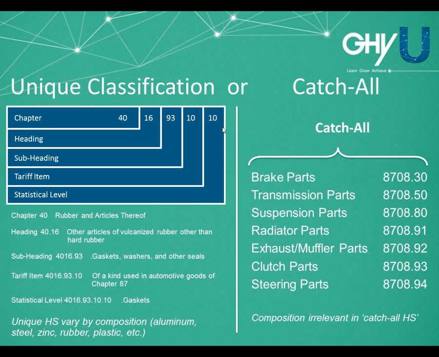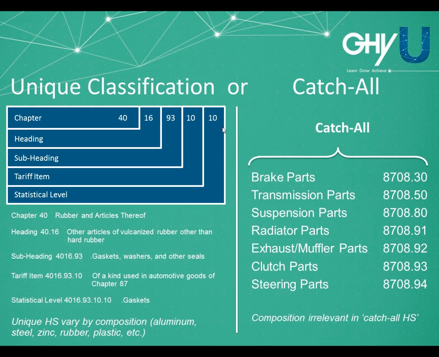In this, if perchance this gasket happened to be for use on any of the items on the right-hand side of this slide, for instance, it's used in brakes, it's used in radiator, it's used in a suspension system, transmission, steering parts, it still remains classified in 4016.93.10.10 as it is specifically named in the HS tariff there.